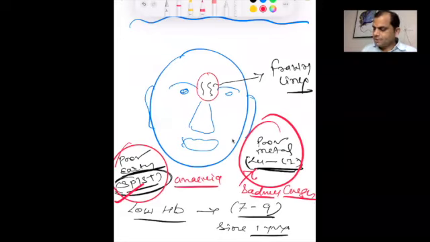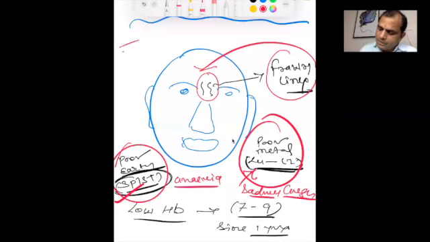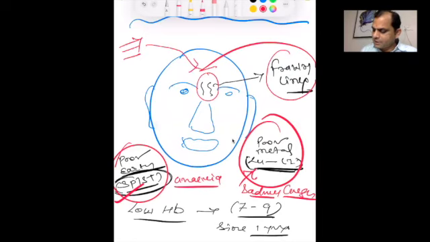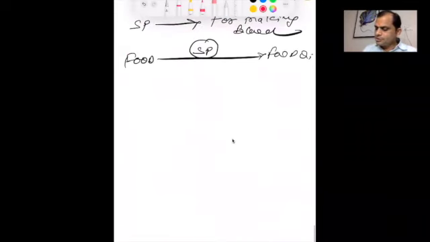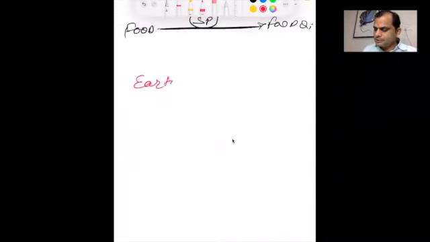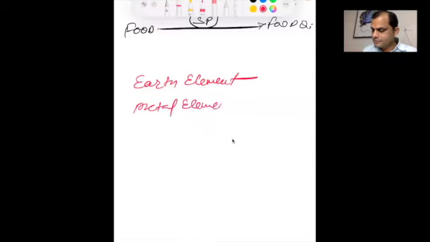So now we have to treat the frown lines. We have to make a treatment plan which can do the local treatment, as well as correct the condition of the spleen or earth element, and we have to correct the metal element. Then we can work on the front lines.